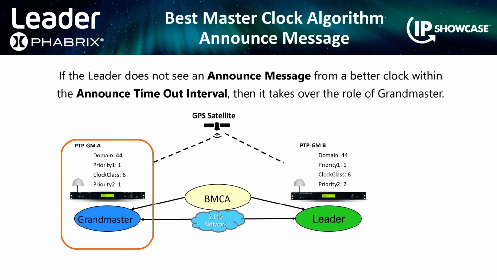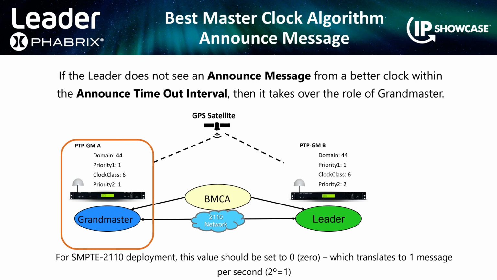So you'll find within SMPTE 2110, it does actually specify what the announced message timeout interval should be. And I'd recommend that you check this on all devices in the network that are involved with PTP.